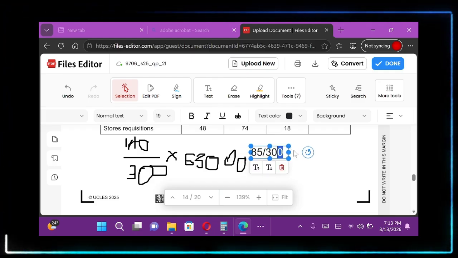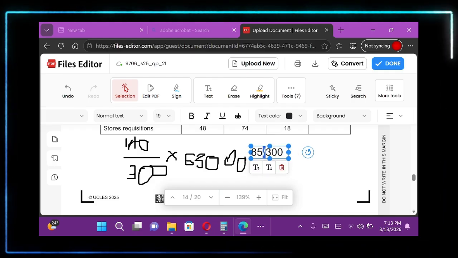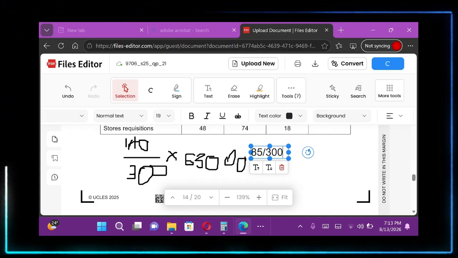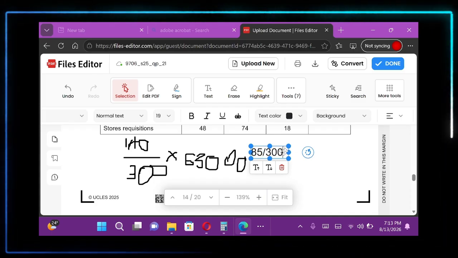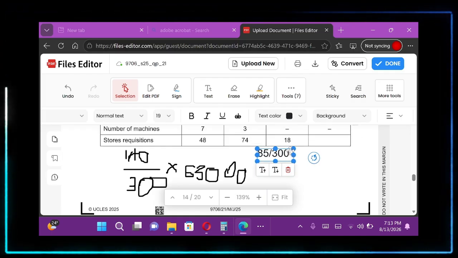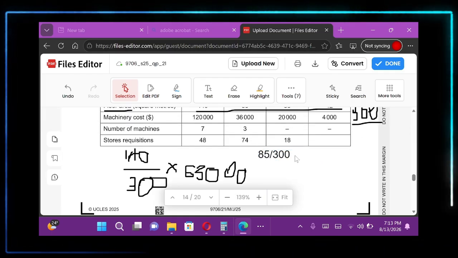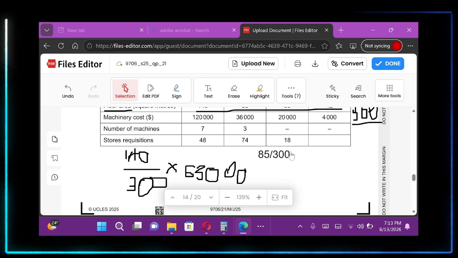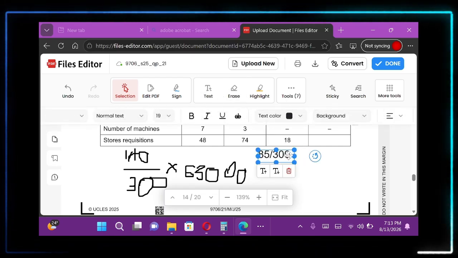Okay, having a little problem, just a minute. Okay, 85 divided by 300, and then we will multiply.